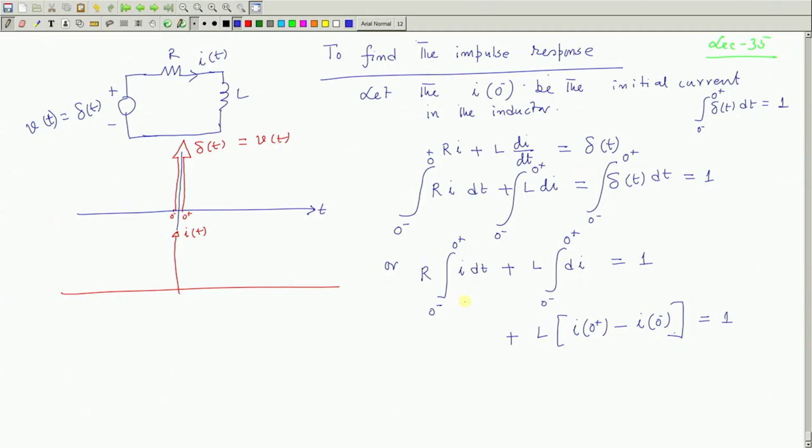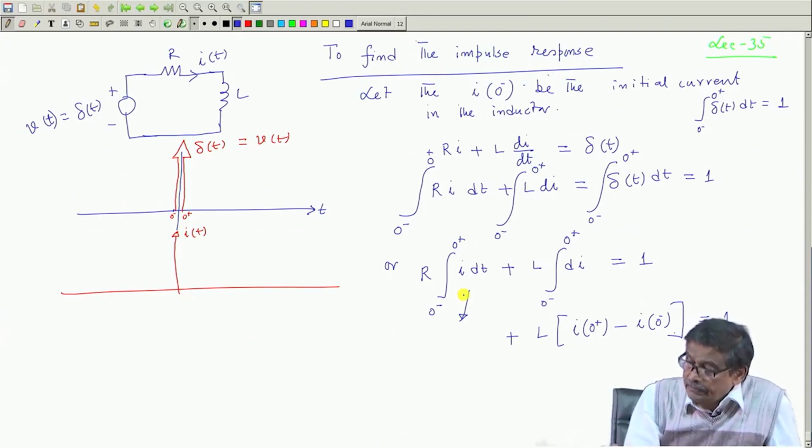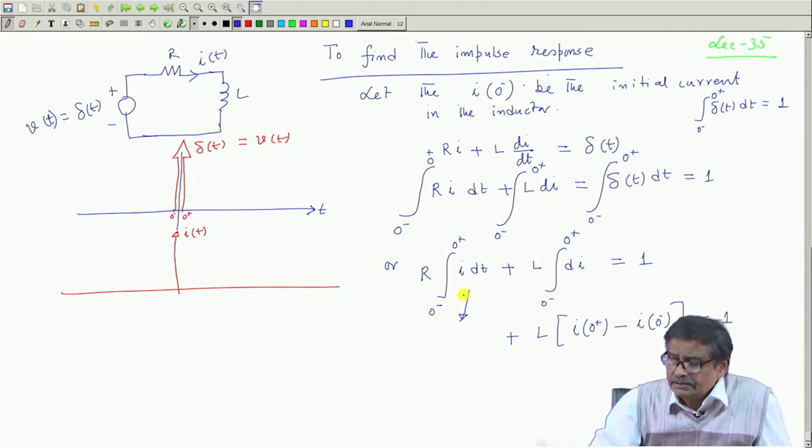Now, the question is, what will be the fate of this integral? There will be some current flowing, and the integral of a function, even if it has a step jump, the area under this curve when dt is vanishingly small, will be 0. Once again I am repeating, there will be some response of the current, it is expected.